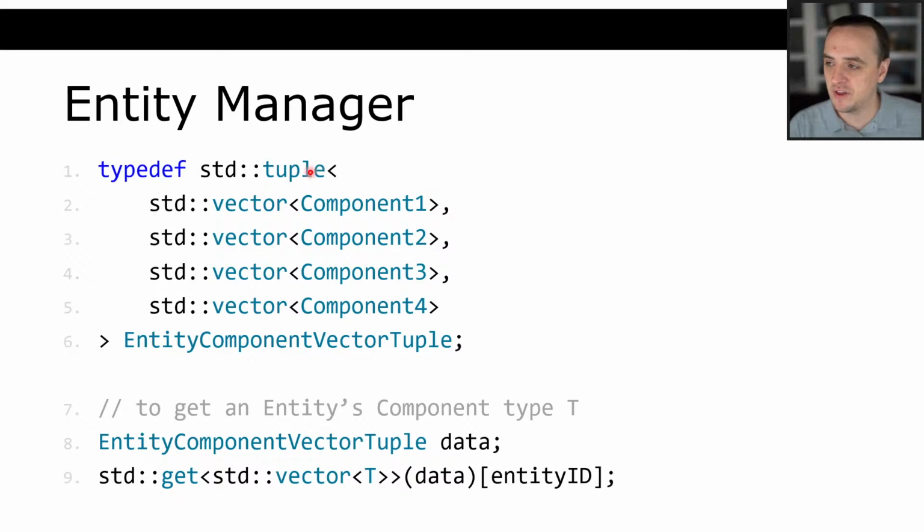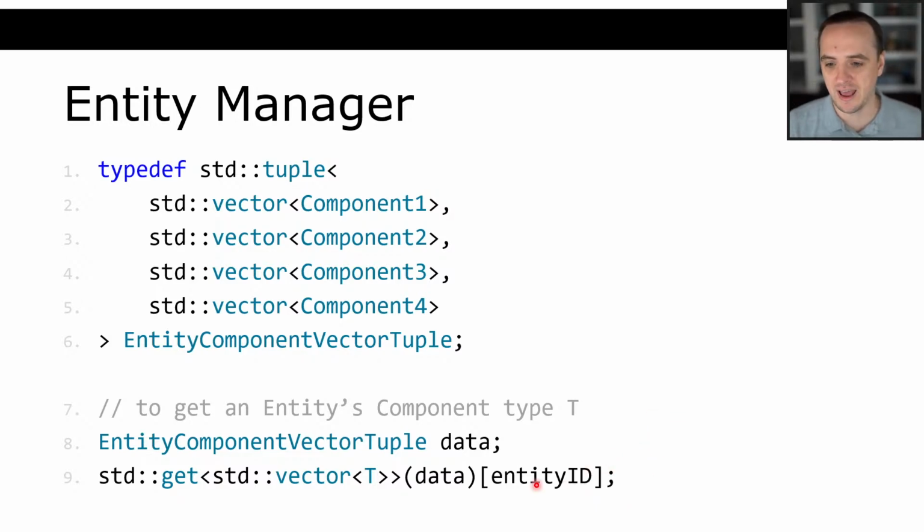And the way that tuples work is I can get access to the vector of a particular type by saying std::get<std::vector<T>> on the data. If I have an entity component vector tuple created, and I want to get access to a particular entity's data in that vector, well, it's just stored by the index.